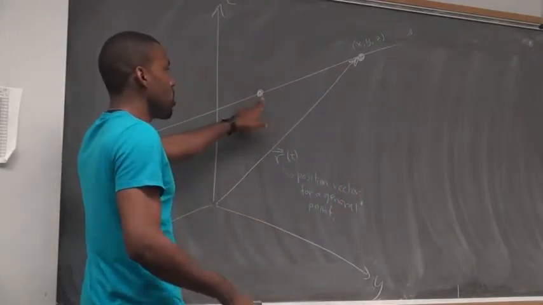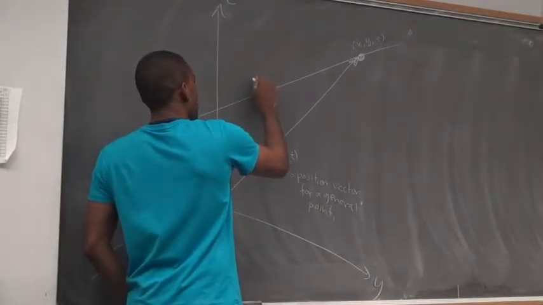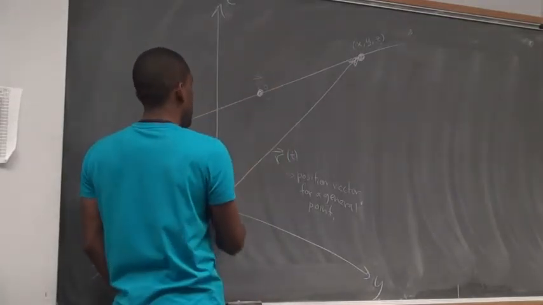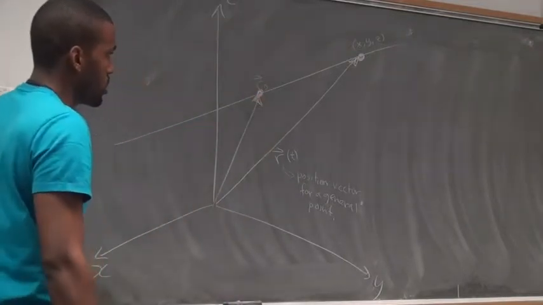Now let's say you actually know a specific point that the line goes through; that's going to be your R0, which we also look at as a position vector.